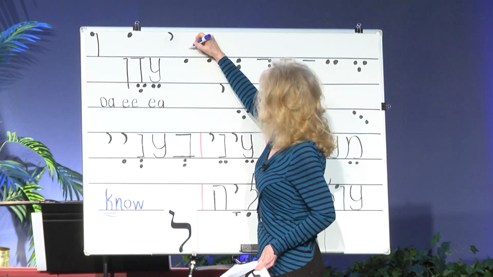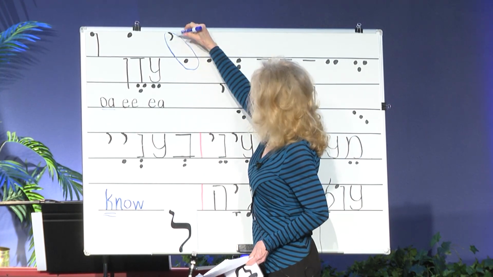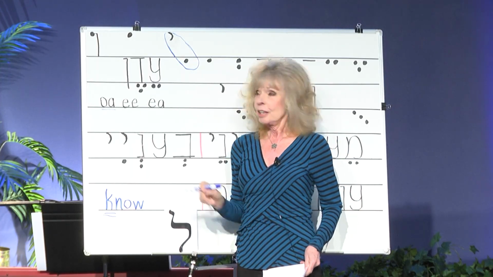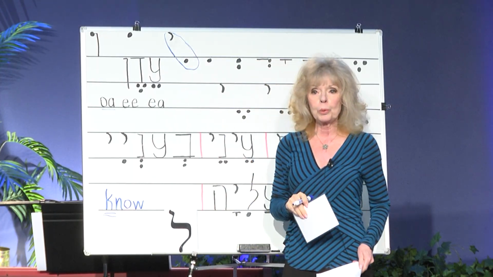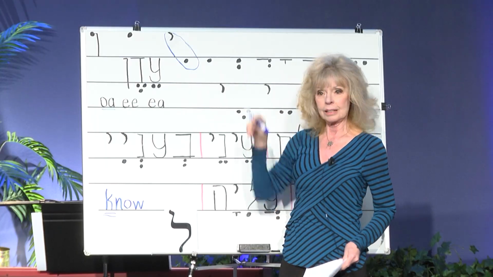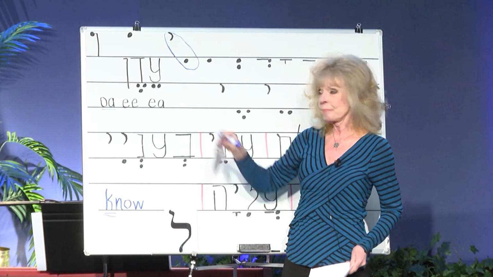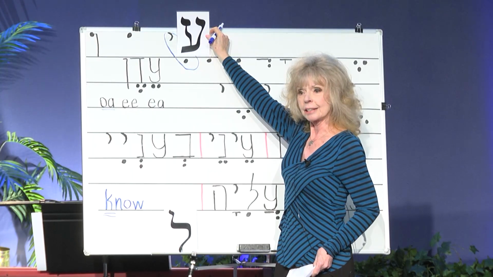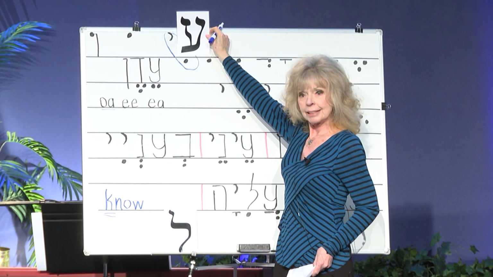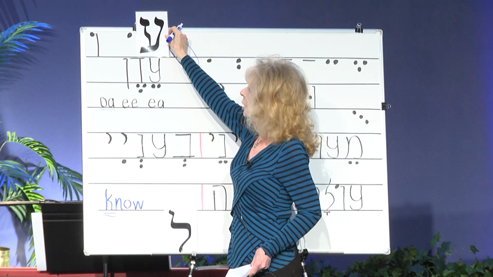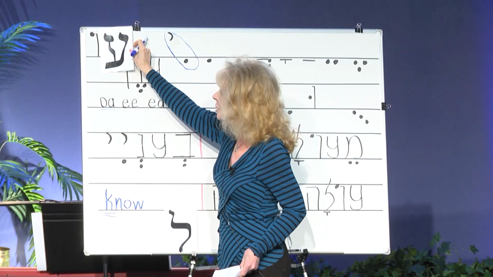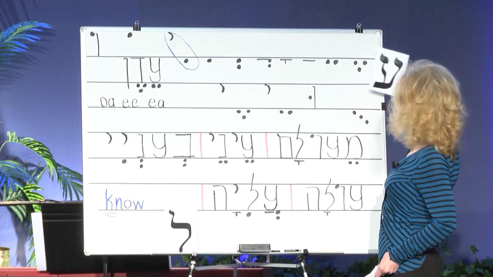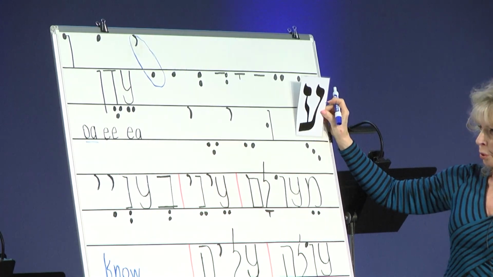In Hebrew, these two work together, even though the yud doesn't make a sound. So if you see a yud with no vowel point under it, it's because it's connected to that vowel. So now you only say the dot underneath. So that's going to be E. This is going to be O. Okay, this is O. This is Oo.